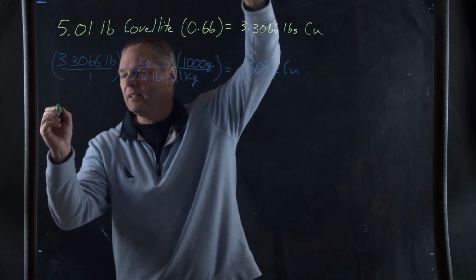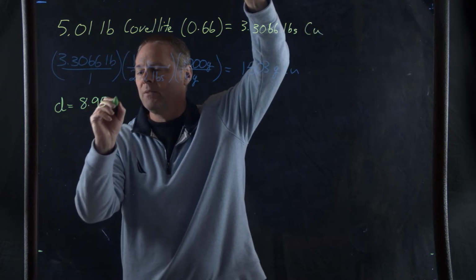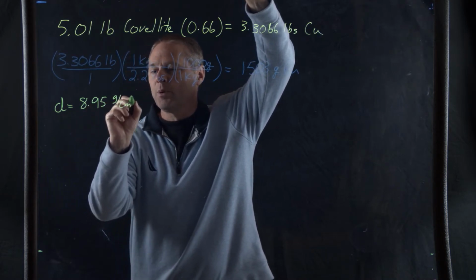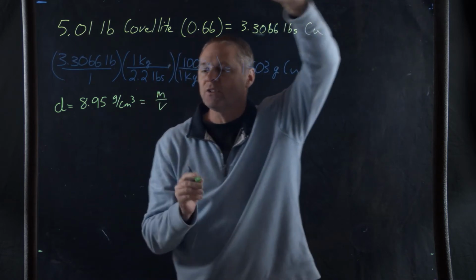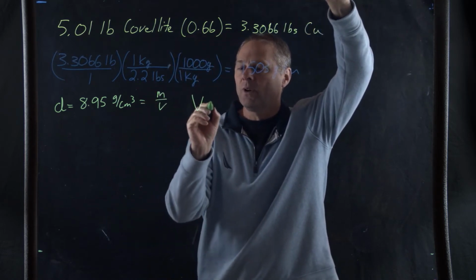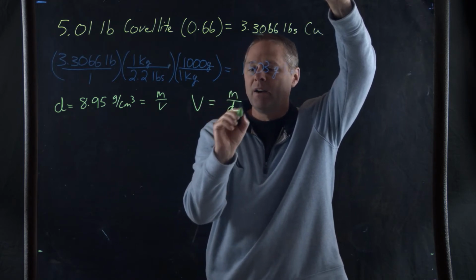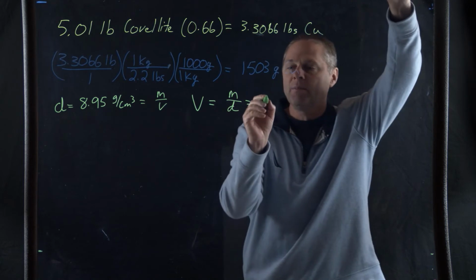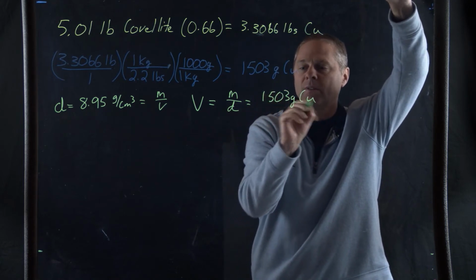And we know that the density of copper is 8.95 grams per cubic centimeter. And this is going to be mass over volume. Now we can solve this for volume. So our volume is going to be equal to our mass divided by our density. We know that the mass is 1,503 grams of copper.